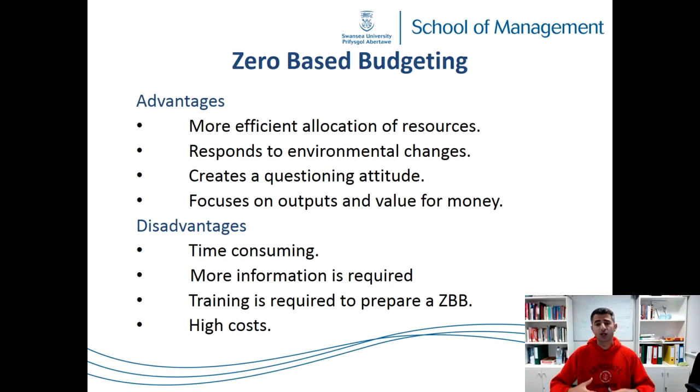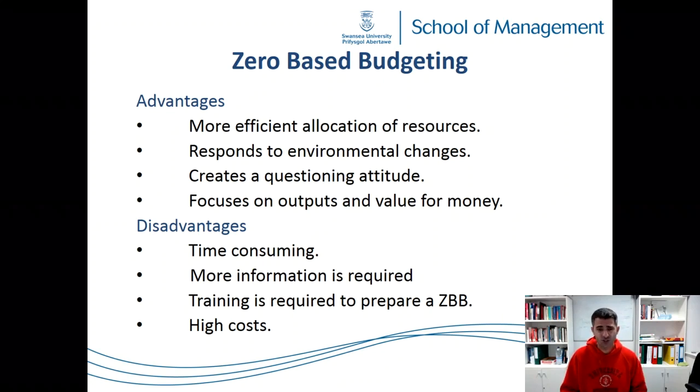And of course, that all comes to value for money in terms of how this budget is being set for next year. Of course, as disadvantages, you can see how time consuming it is, because you are going to prepare this budget from scratch every single year, and you need to question and justify every single cost.